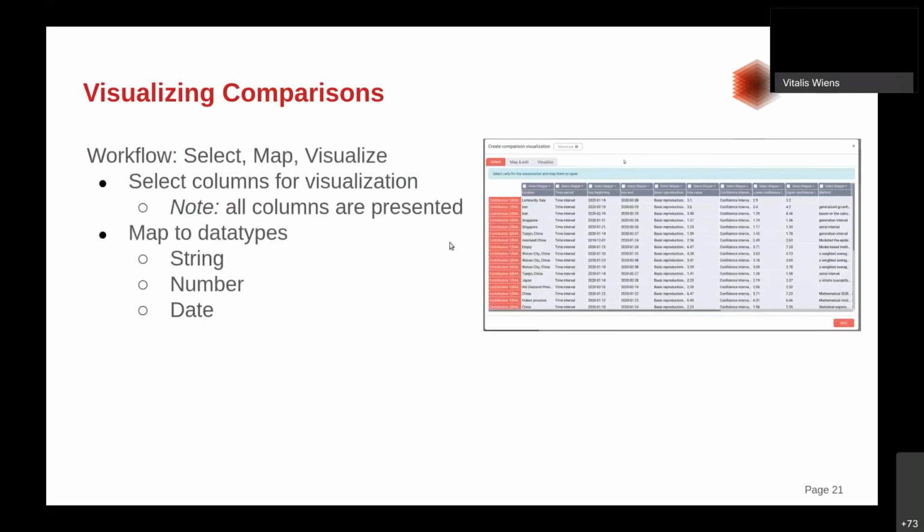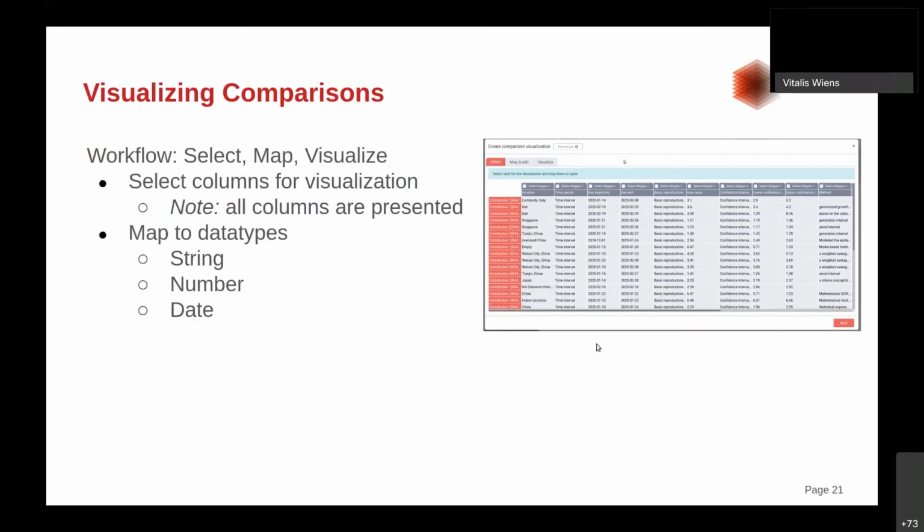And for this, in the selection tab, we select columns for the visualization. And here's one note: we display all the columns, even if they have not been visualized in the previous tab of the comparison, because as we saw before, you can rearrange the order of the properties, but you can also hide them in order simply to reduce some of the information in order not to create a very big table.